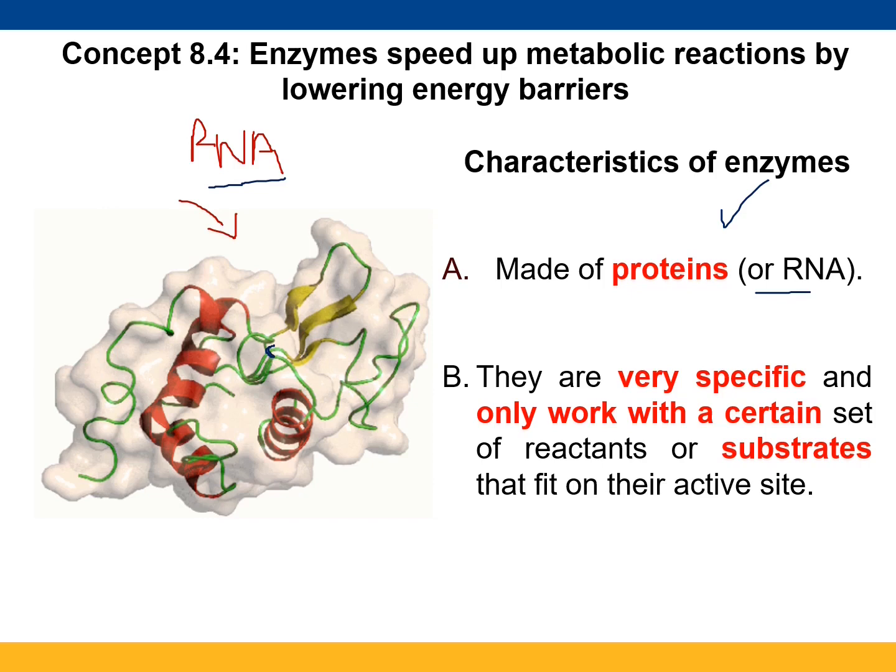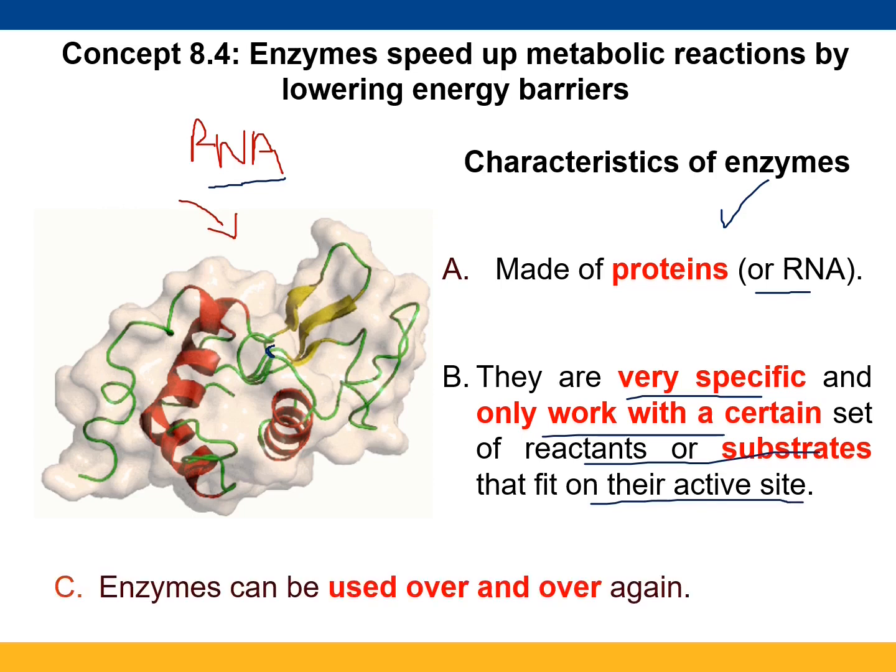Another important characteristic of enzymes is that they are very specific and only work with certain reactants or substrates. I explained that later we will explain more about what an active site is and how the substrate fits in this active site. And finally, I talked about how enzymes can be used over and over again.